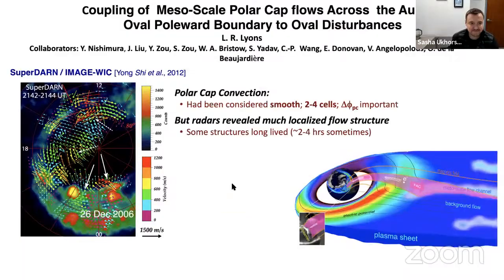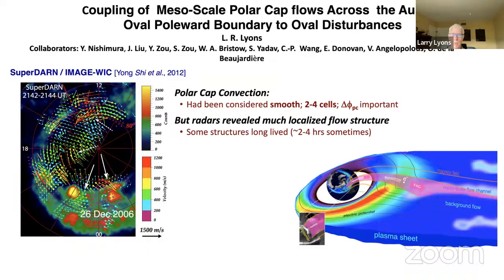Yes. Okay, it was really exciting for me to hear all this detailed discussion of PBIs, of poleward boundary intensifications, because back when I first started thinking about things going on in the polar cap, I think most everybody else thought that polar cap convection was kind of smooth, uninteresting, controlled by the interplanetary magnetic field.